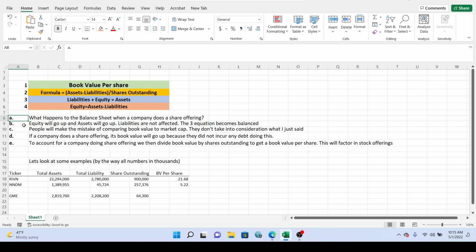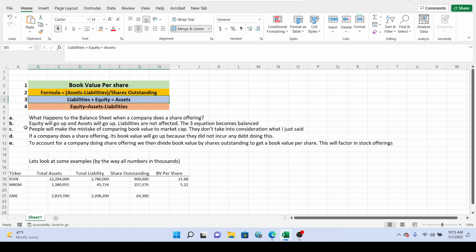Well, when a company does a share offering, equity will go up and assets will go up. Liabilities are not affected. So when we're looking at this equation, equity goes up, assets go up, and they go up in the same proportion. Therefore, this equation still holds true. Nothing's going on with liabilities here.